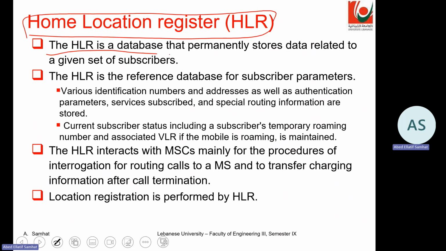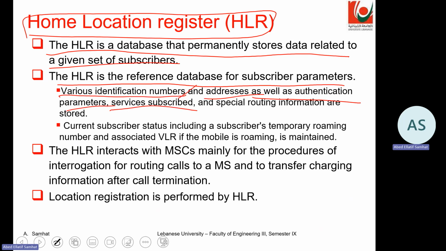So the home location register is now clear for you. It's the database that contains all data related to all subscribers, and it's the reference database of subscriber parameters. We have the various identification numbers, the addresses, the authentication parameters, the services that you subscribe to, and the special routing information. So your contract, your agreement, your rights based on the services you subscribed to with the operator are all at the home location register.